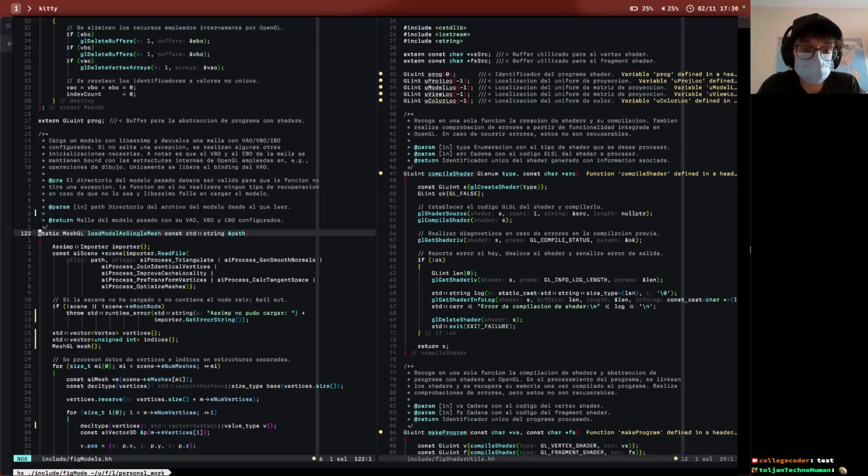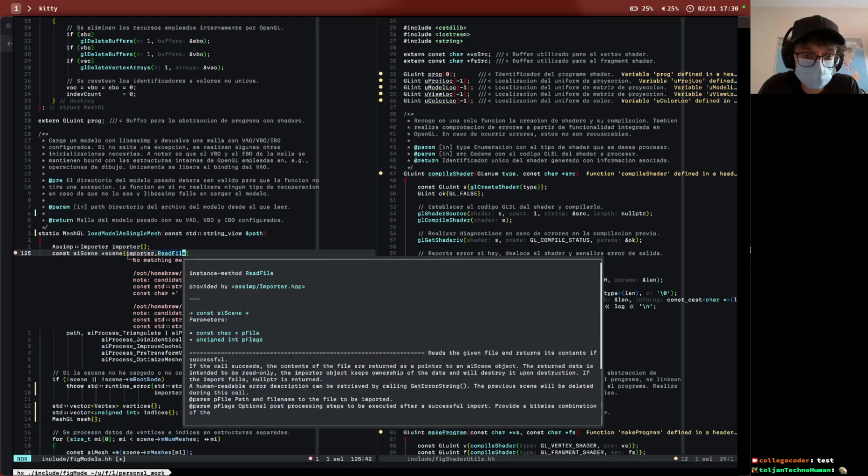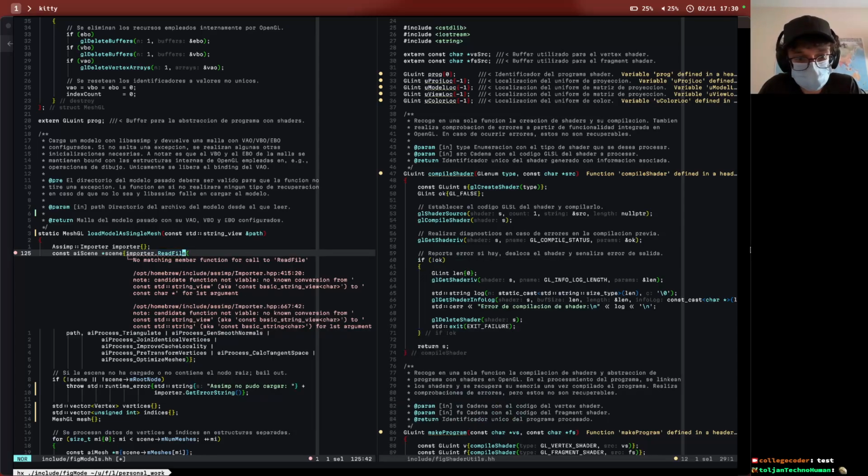I mean, I don't need to own it, so this would be the same as a... I forgot already how it was in Rust. But yeah, I'd say string view should be... The problem is Assimp's import only takes a string. I love this. It takes a constant character pointer.